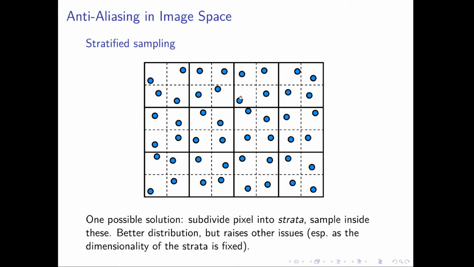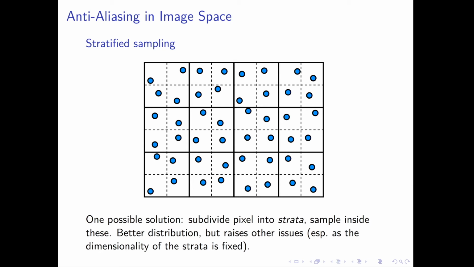But in fact, stratification has several issues, and one of the biggest issues here is scalability. When we were to add more strata, the next step would be that we subdivide each of those tiles into four other tiles. And we are quite restricted in how many strata we end up with when we do this.